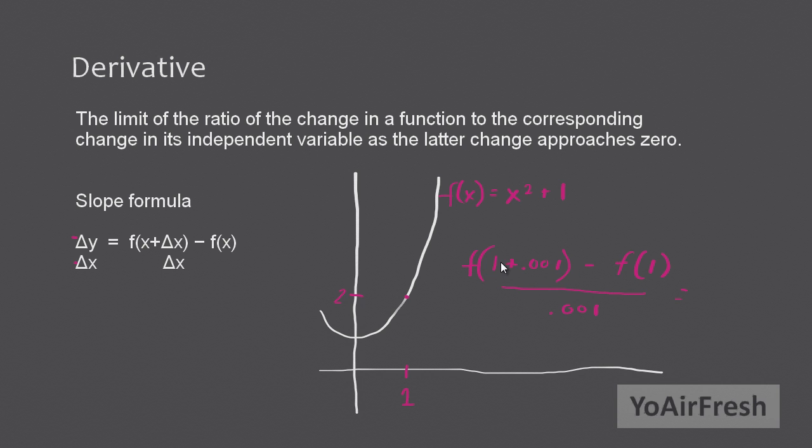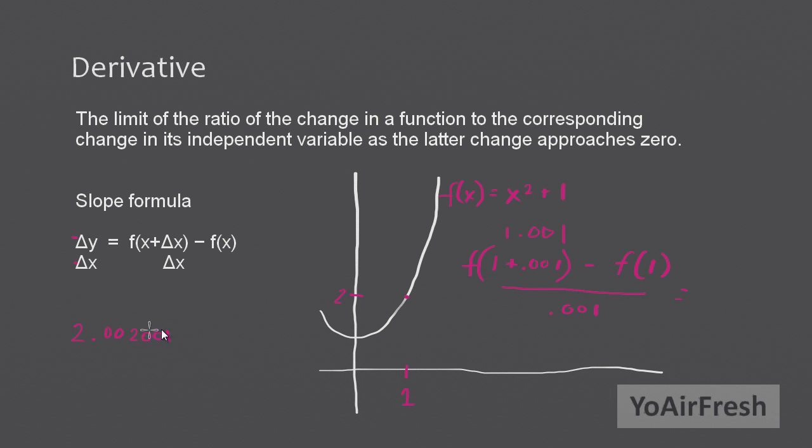when you figure this out, the f of 1 plus 0.001, that's just 1.001. And you plug it into this equation, and it comes out to, I'm going to write it over here, 2.002001 minus f of 1, the function of 1 is 2.